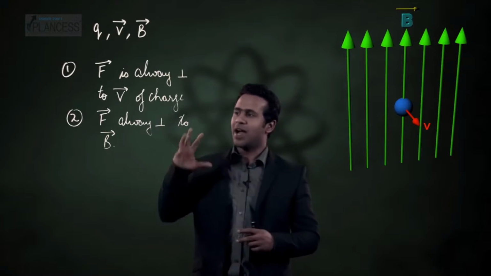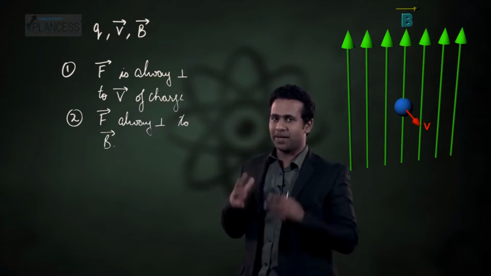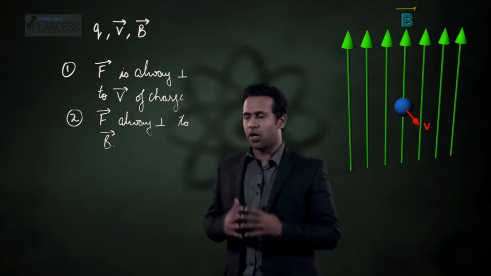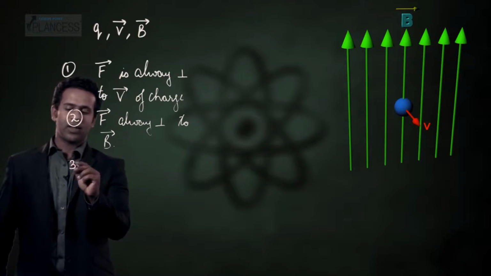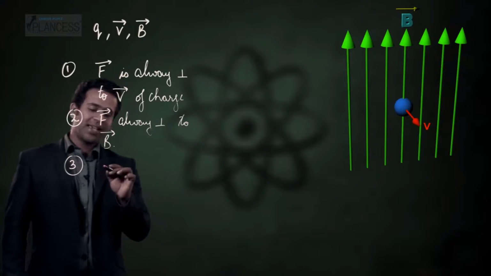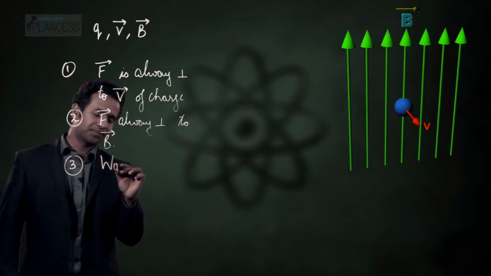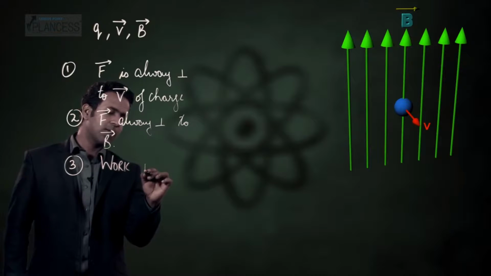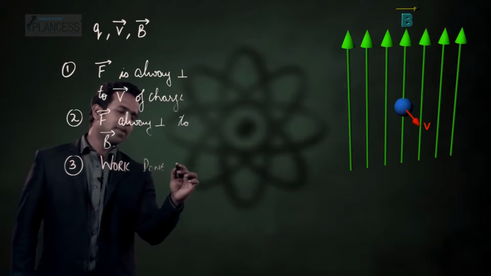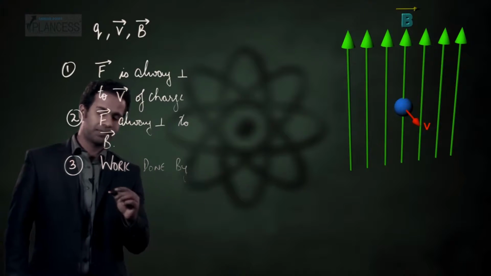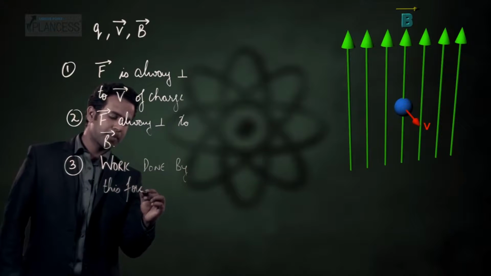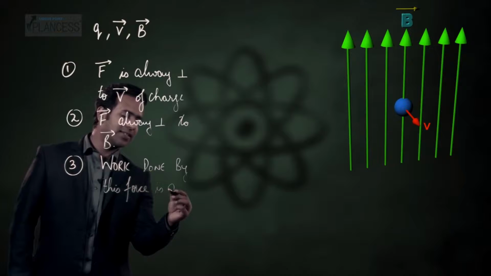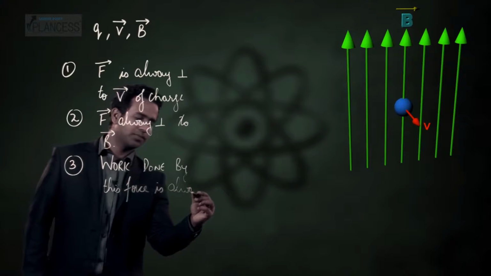I'll help you visualize this, but let's first list down all its properties. The third important property that you should remember is that the work done by this force is always zero.